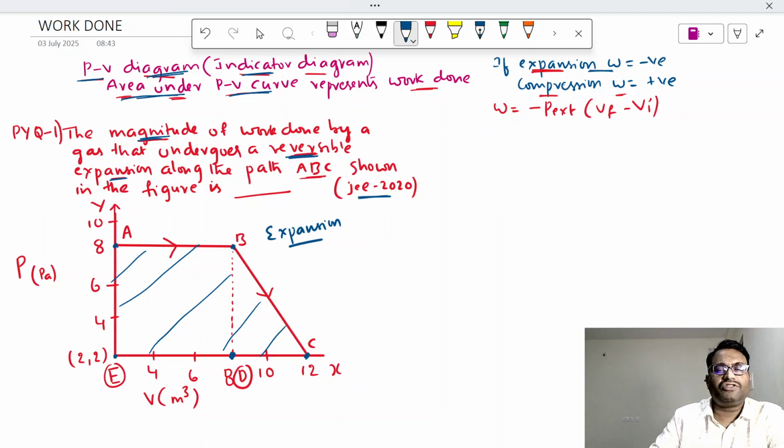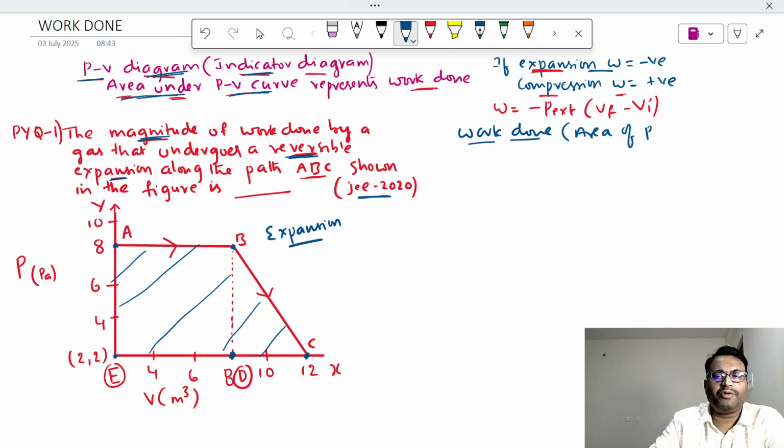Okay, so let us calculate that. We are calculating work done, right? To calculate work done, we have to calculate the area of the PV curve or PV graph.